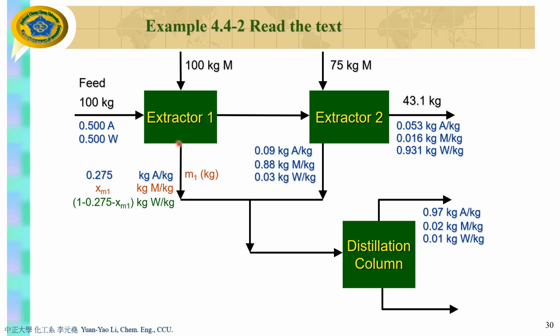As a result, you only have 2 unknowns in this stream. This is the total amount, and this is the fraction of the MIBK. You might say, well, Professor, I'm not happy, I want to use water as an unknown, which is XW1. That's fine, and this will be 1 minus 0.275 minus XW1. That's okay.